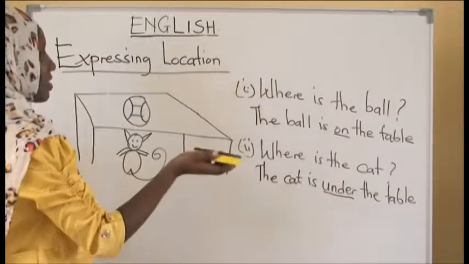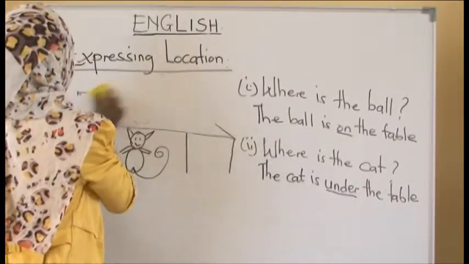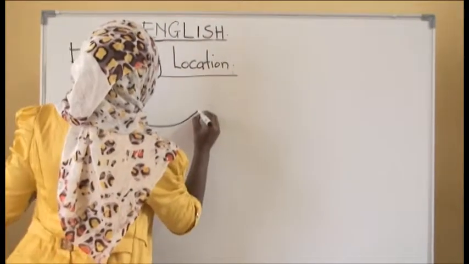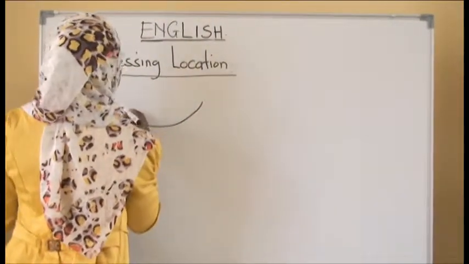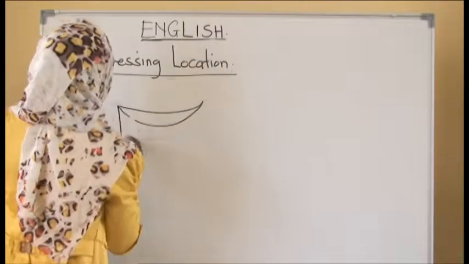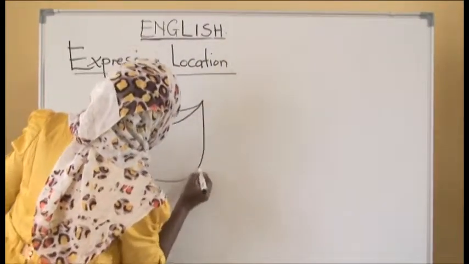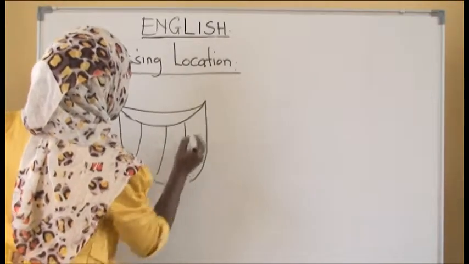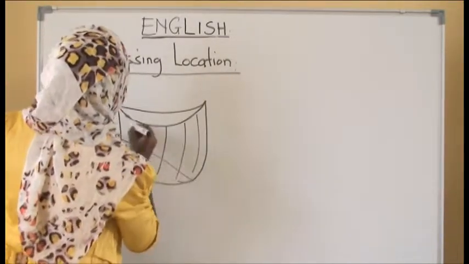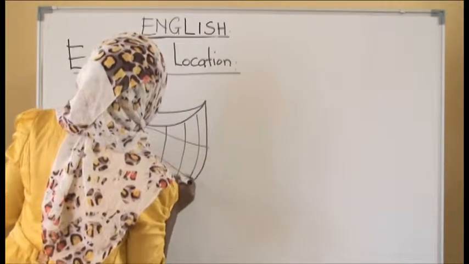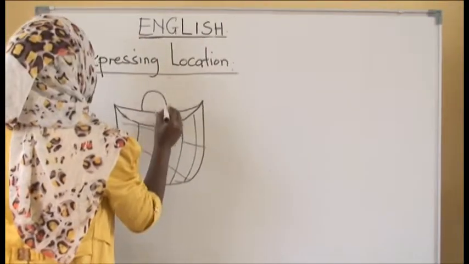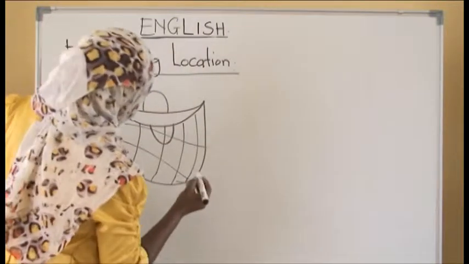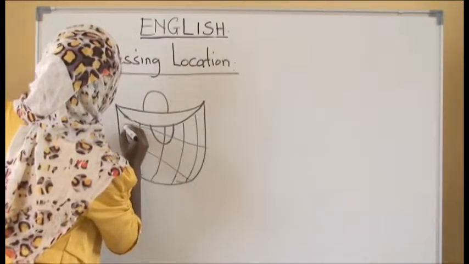Then we have another thing here. This is a basket. Here there is a fish.